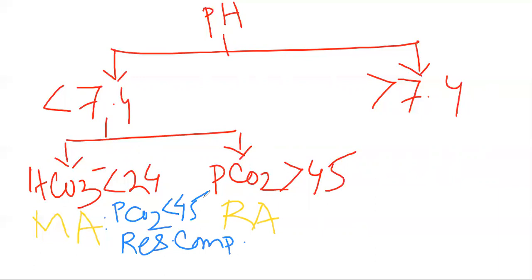And here, if PCO2 is more than 45, that means it is respiratory acidosis. Immediately you have to check the bicarbonate level. If this bicarbonate level is more than 24 milliequivalent per liter, that means it is due to renal compensation.